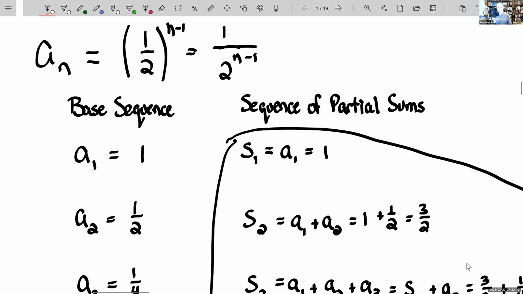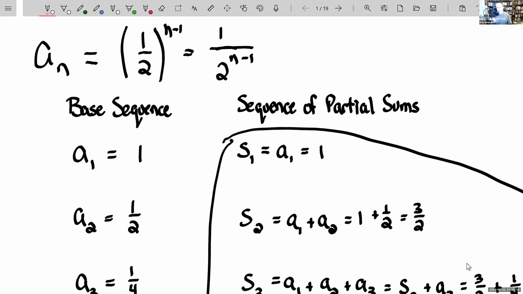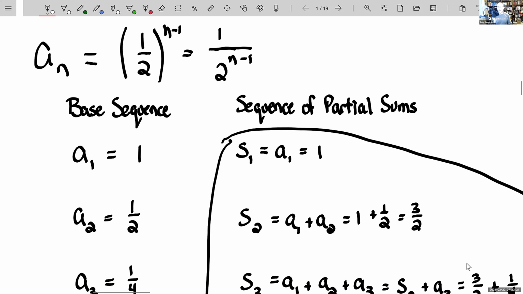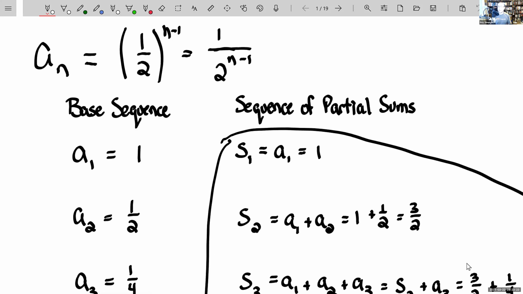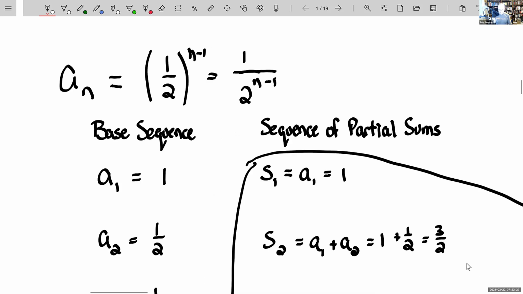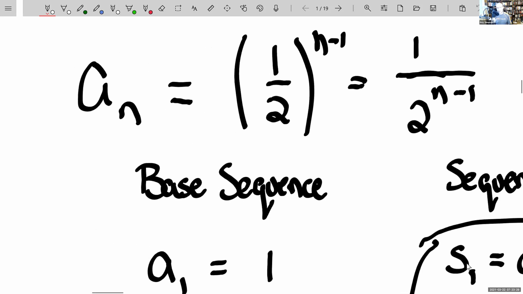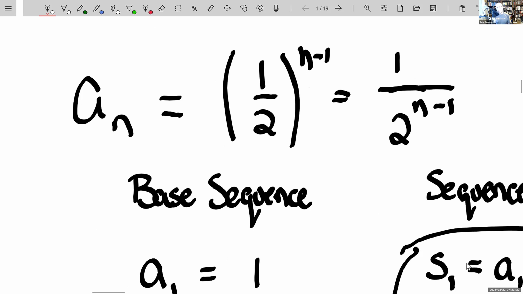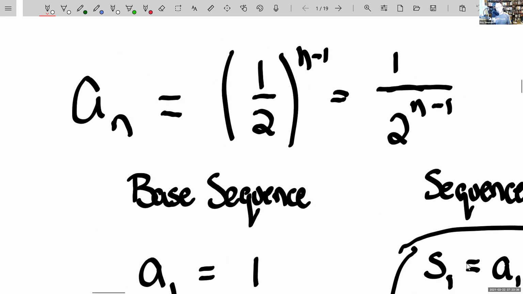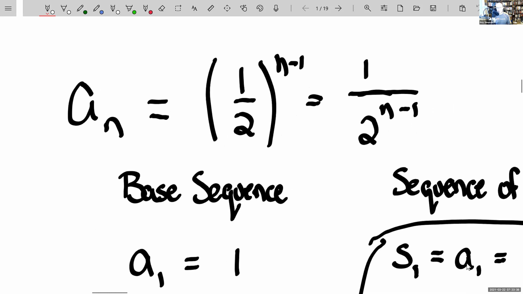Every time you're handed a sequence from this point forward, you need to understand that sequence actually is two sequences. One being the base sequence itself. For example, in this case that I wrote last Wednesday, a sub n is defined to be 1/2 to the n minus first power.